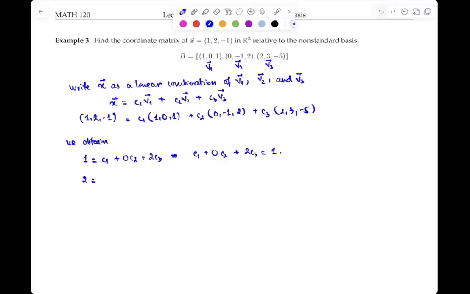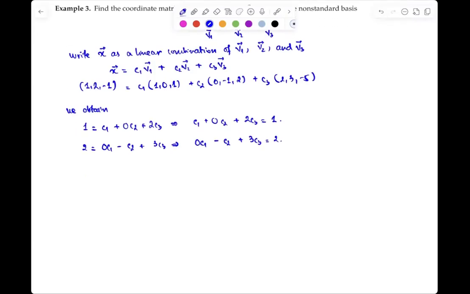And for the last equation, corresponding to the last component, you have -1 equal to c1 plus 2 c2 minus 5 c3.